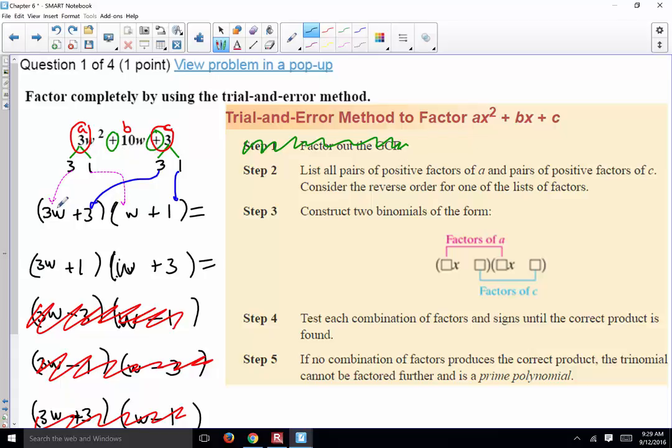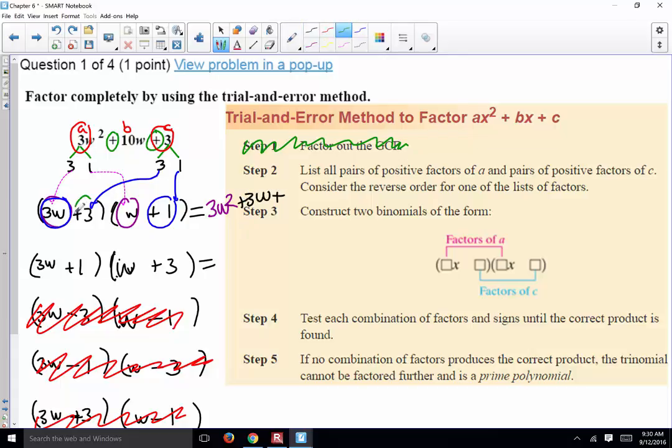How do I FOIL it? First terms, 3w and w, make 3w squared. Outside terms, on the left and right corner, 3w and 1 make 3w.